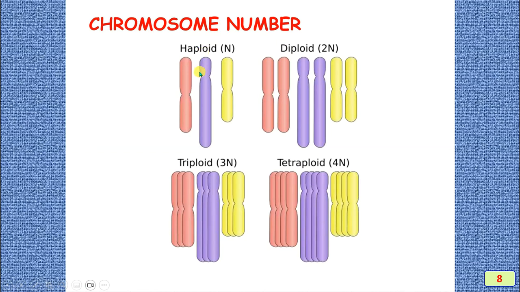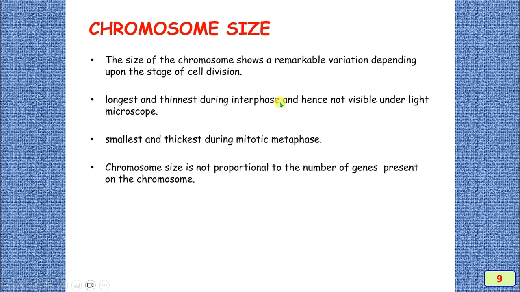Haploid is usually single, with either X or Y. The diploid is 2n, either XX or XY. Triploid contains three sets, and tetraploid has four sets. All these differ among species.